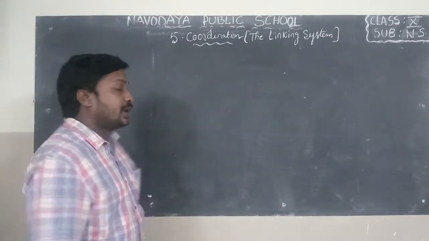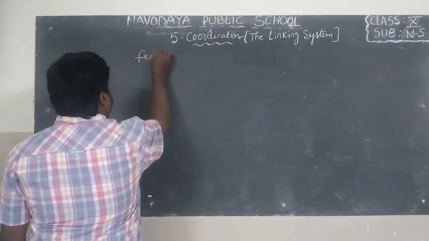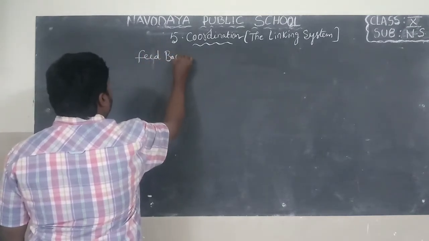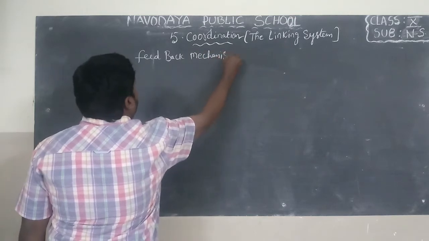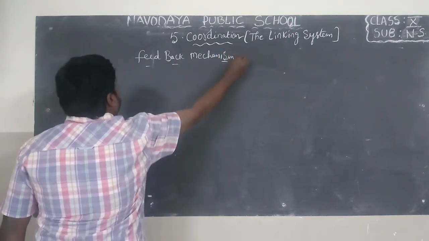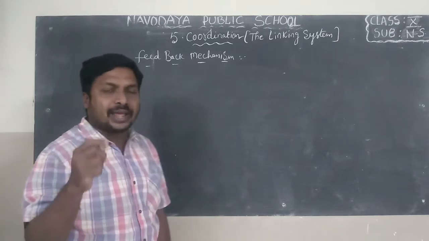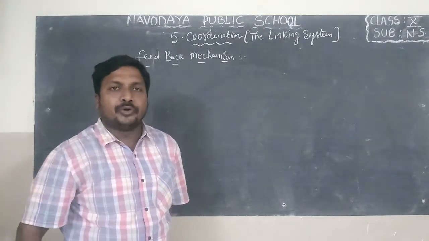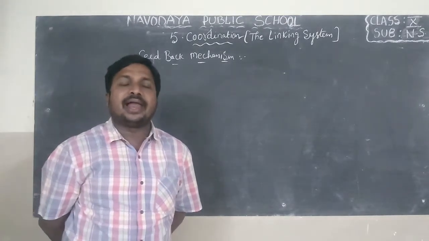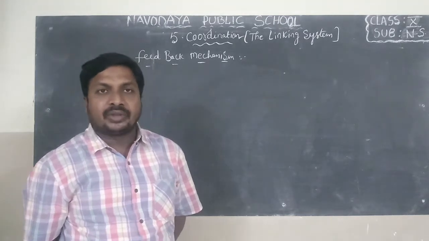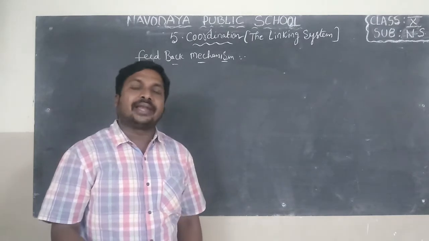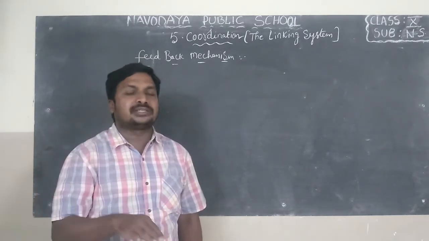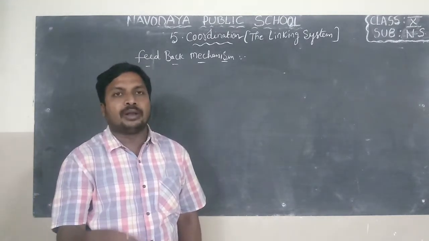Next, I will explain about the feedback mechanism. What is meant by feedback mechanism? Hormones in our body are not released in the same manner. For example, when adrenaline hormone is present in the blood, it causes some emotions. When adrenaline is reduced in the blood, things come back to the normal position.